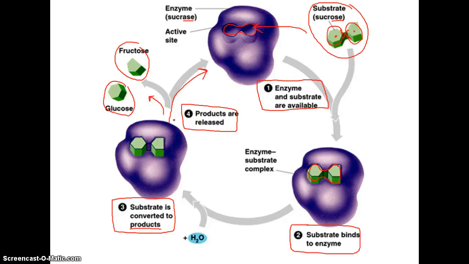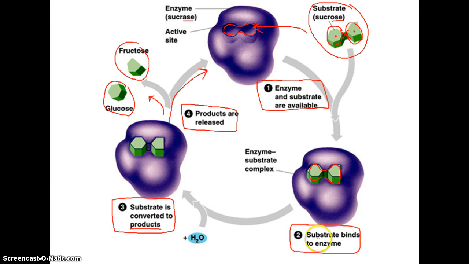Okay? Now, a couple other important vocabulary terms coming out of this slide right here. If you go back to step number 1, it says the enzyme and the substrate are available. Okay, if we have our enzyme, this substrate in a chemical reaction would be known as a reactant. In other words, the starting materials of the reaction. So we're starting with sucrose. Therefore, sucrose is our reactant. Okay?